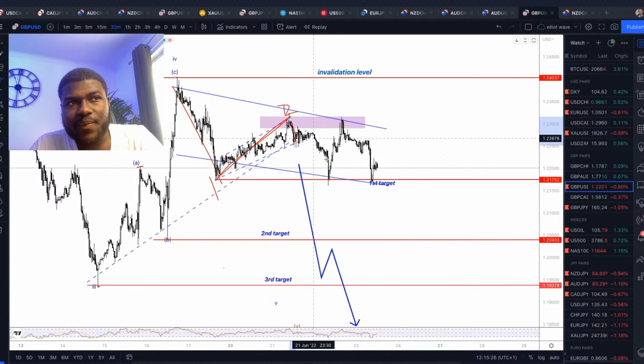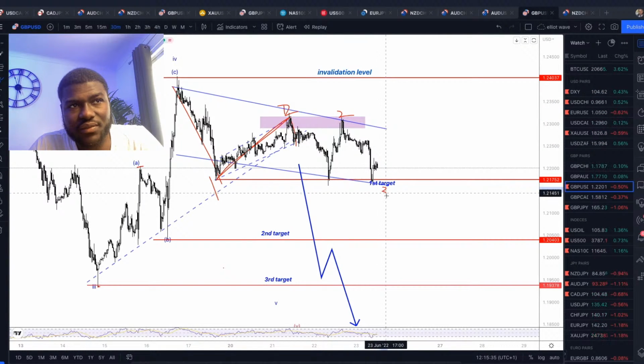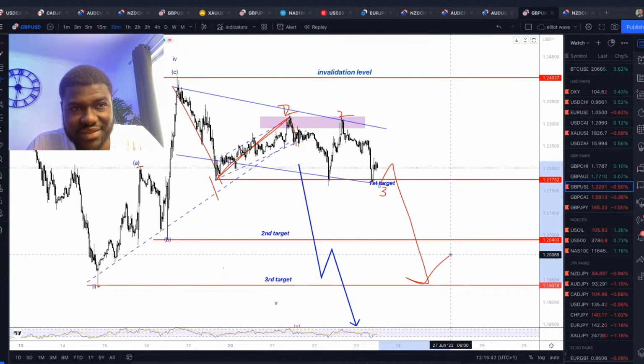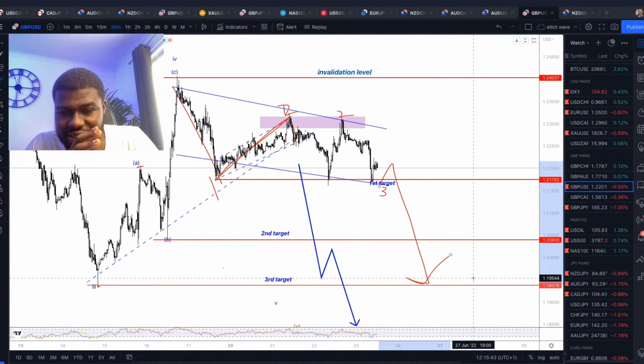And there's a three, five formation. And this is wave two of three. And what we are seeing down here is wave three of three. You get it? So there will just be a retracement to the upside and you continue to see market pulling downward. So that is the third scenario I'm taking.